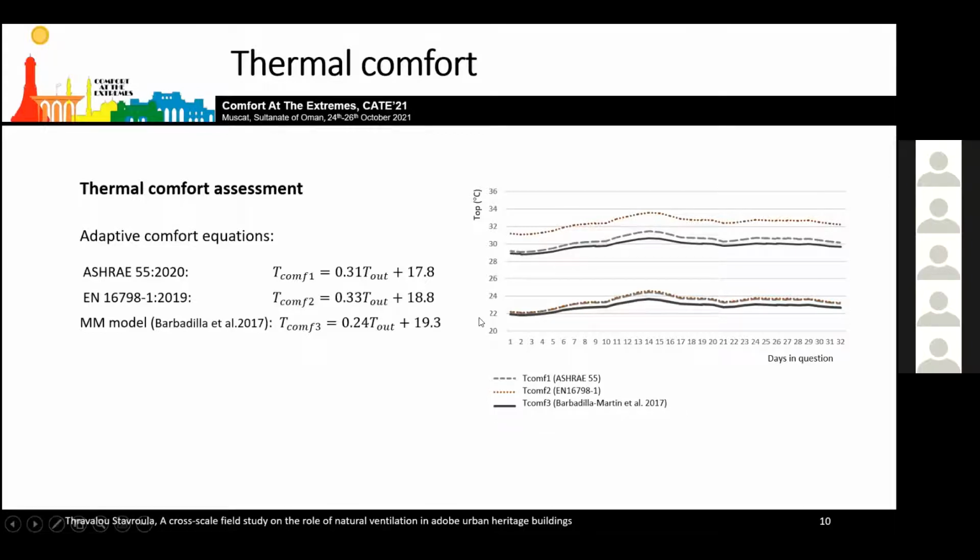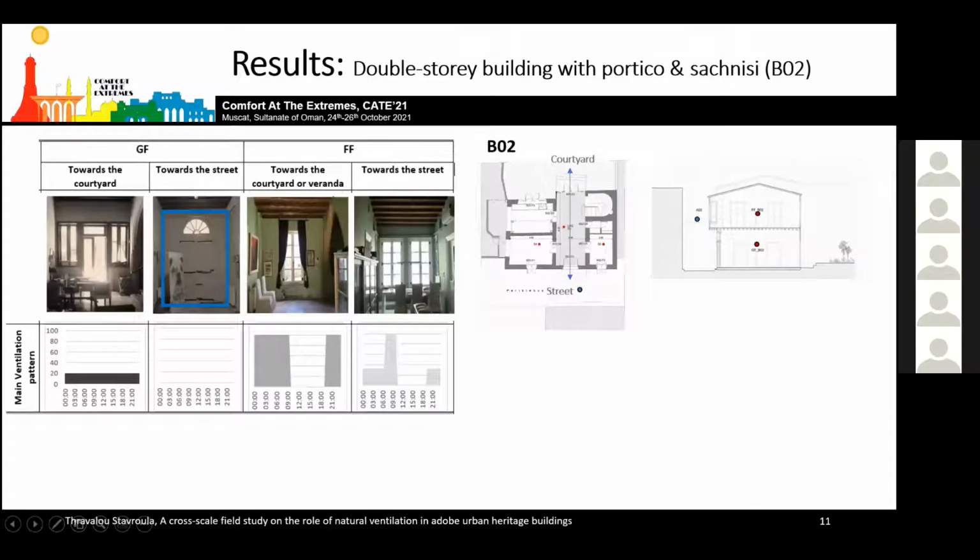mode model of Barbadilla. So passing on to the results, when occupants were freely operating the envelopes openings according to their needs and habits, the ground floor portico of building BO2, the one with the Sahnisi, was operated in single ventilation mode with partial opening of just the door towards the courtyard, which is here.